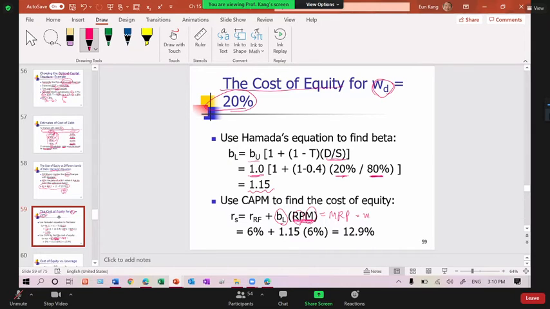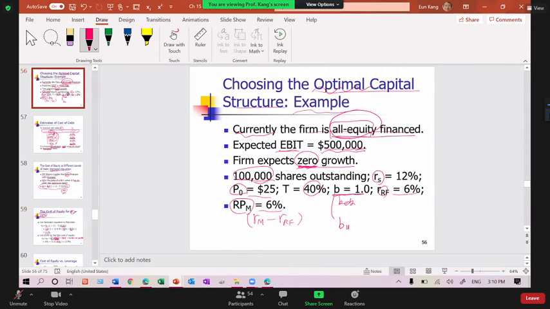So market risk premium, or risk premium on the market. RPM is risk premium on the market. That is 6%. That is again given here, RPM 6%.